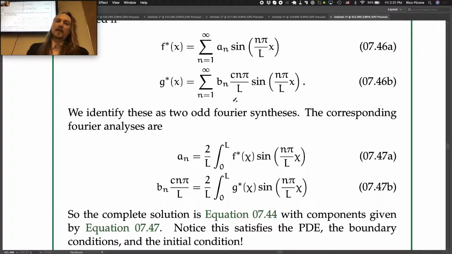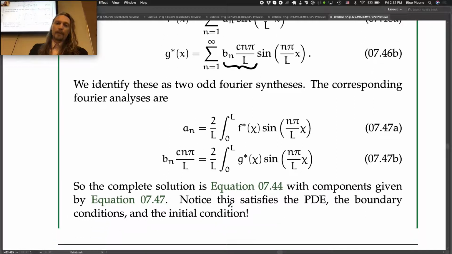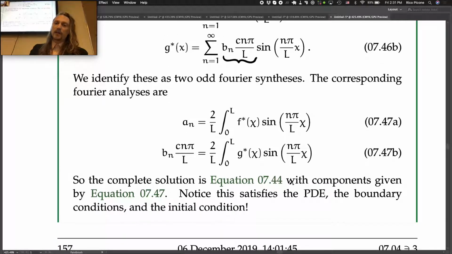The bn one takes a little bit more interpretation, because this entire term has to be equal to the Fourier component that's being computed here. So the analysis is for bn times cn pi over L. If you forget that factor, obviously you're going to be off. So it's an important factor to include. So the complete solution is 744 with components given by 747.